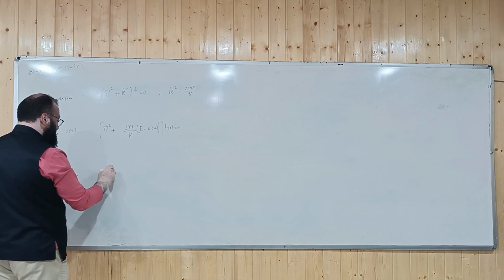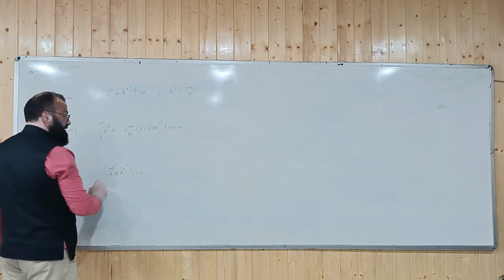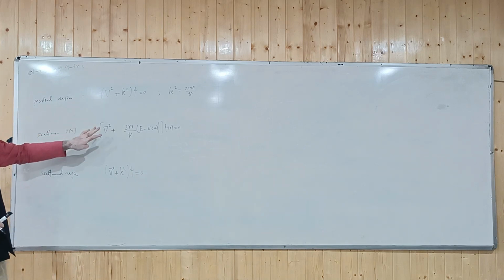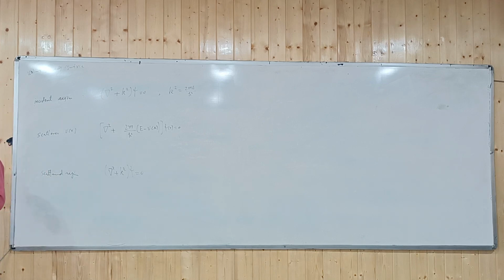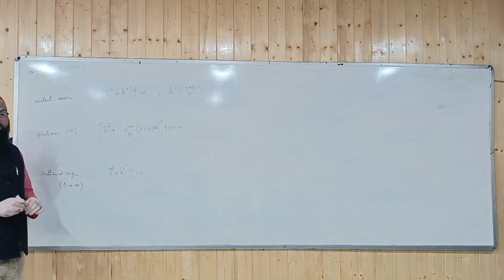And here again, you have the same thing as above. We'll try to solve the Schrödinger equation in these two regions. Let's begin with this. This is the scattered region, meaning the asymptotic limit r tends to infinity, where there is no potential.